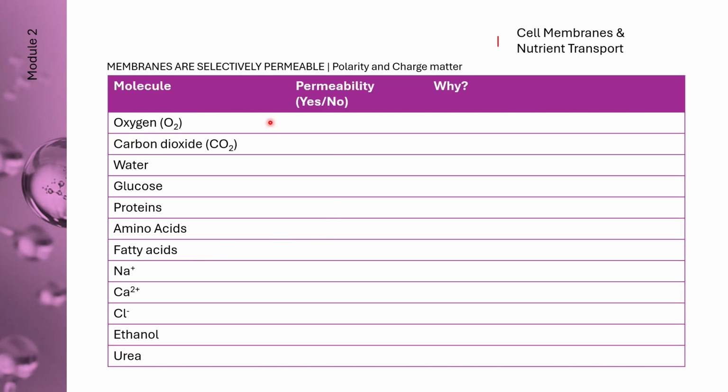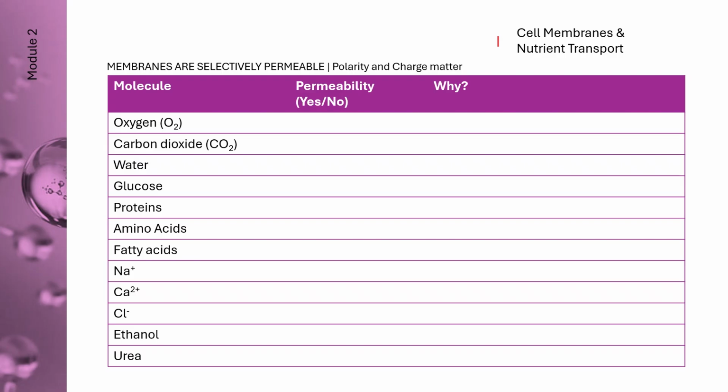Okay, so I've prepared a list of different compounds or molecules, and we could do a short classwork here, and say, are these permeable or not? Then later on you could answer why.